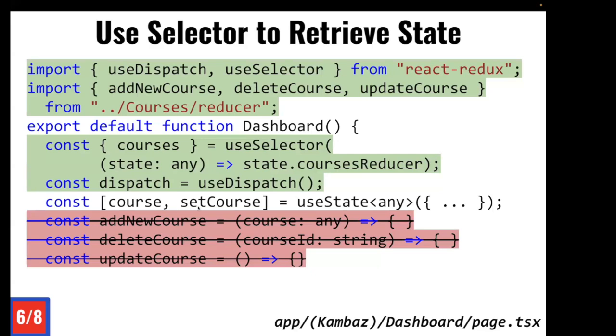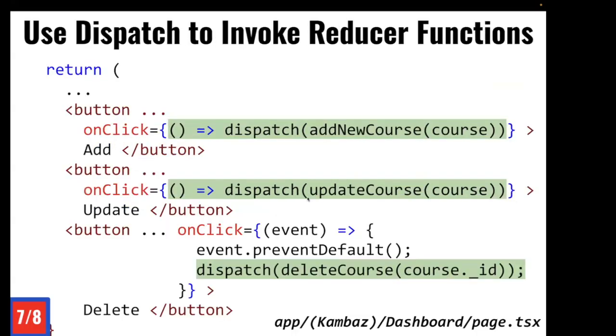Not until we either click on add or update will we pass this local instance so that we can enact changes in the global state. So this is a good example of using both local state and global state, and they're working together.